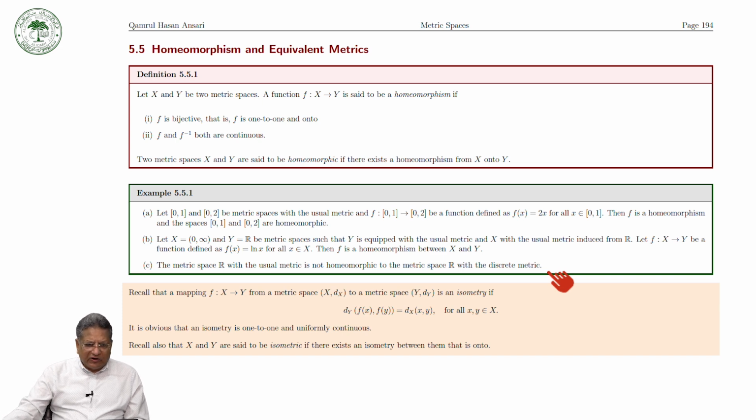Now let us recall that a function f from a metric space X to a metric space Y is an isometry if the distance between f(x) and f(y) is equal to the distance between x and y. It is obvious that an isometry is 1-1 and uniformly continuous. And recall that the spaces X and Y are said to be isometric if there exists an isometry between them that is onto.